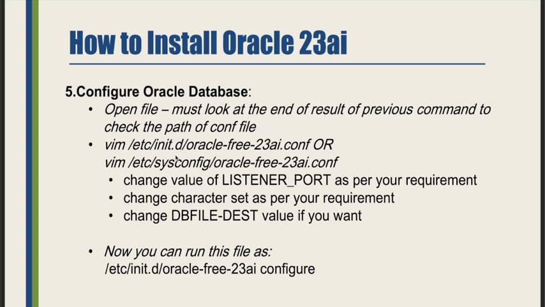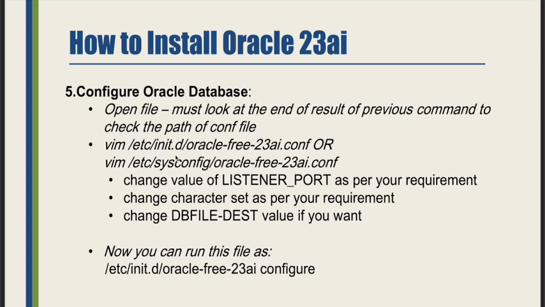I just opened that file with the vim command and changed listener_port, because it was empty. I put the default port, 1521. Also, you can change the character set if required, but the existing character set is universal, so it will fit all the languages. Then you can change the DB file destination also if you want to.